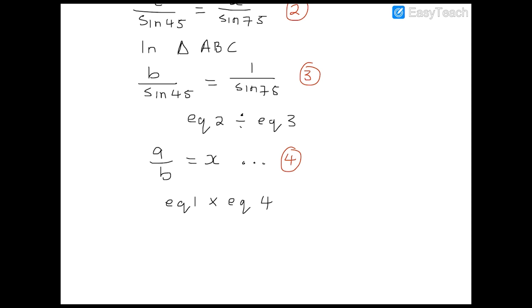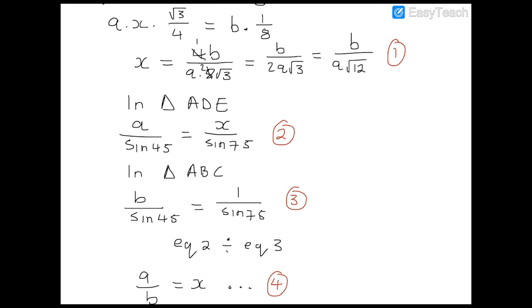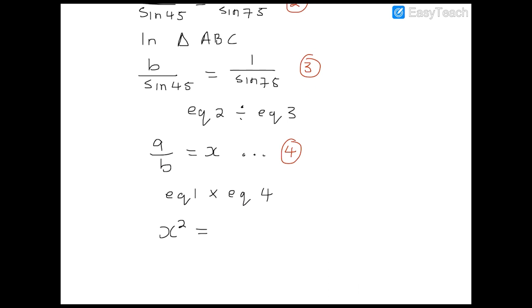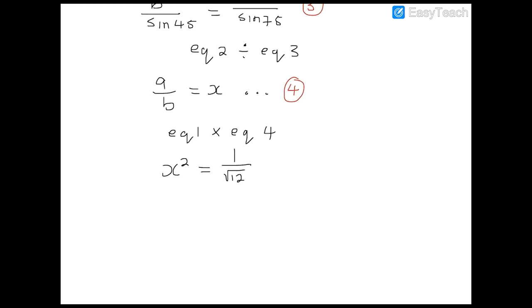I will get x times x, which is x squared. A over b will cancel with b over a, and I have 1 over square root of 12. And this will simplify into x is equal to 1 over the 4th root of 12. If you take the square root of a square root, you have the 4th root.